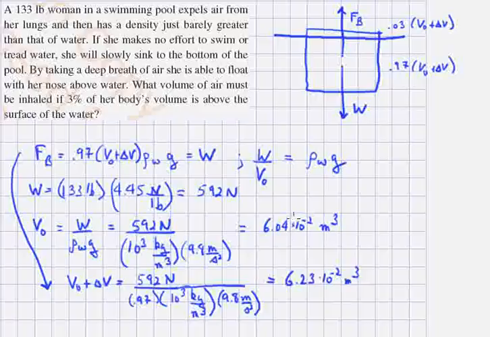You notice that this is a little bit bigger than that. The amount by which these two differ is delta V. So delta V is then 6.23 times 10 to the minus 2 cubic meters minus 6.04 times 10 to the minus 2 cubic meters, and that is equal to 0.19 times 10 to the minus 2 cubic meters, which is 1.9 times 10 to the minus 3 cubic meters.